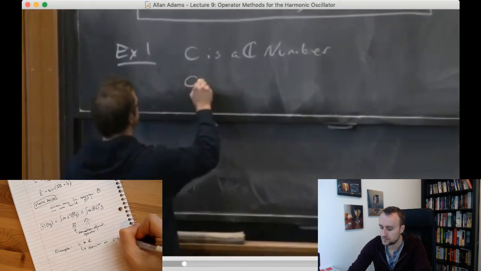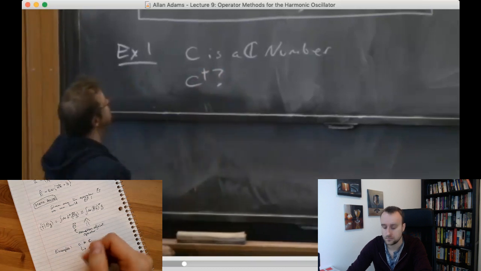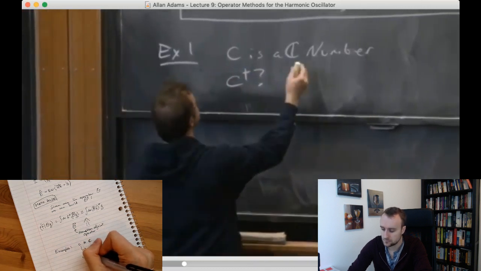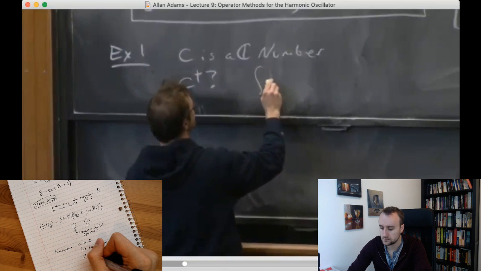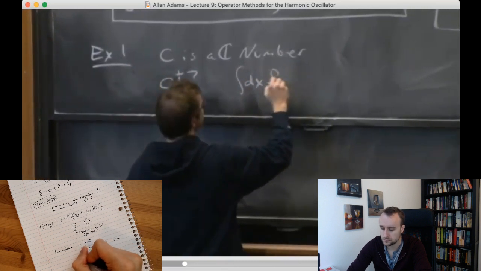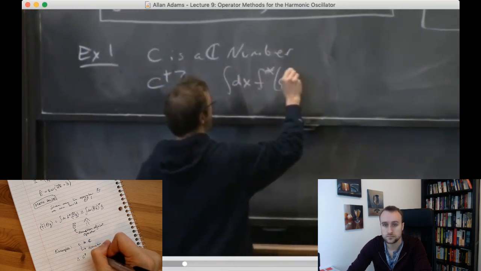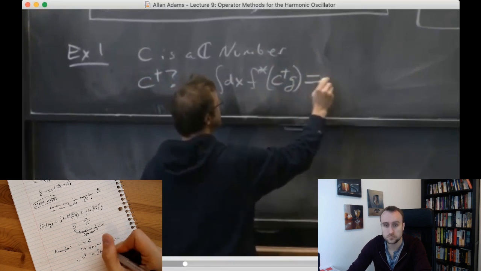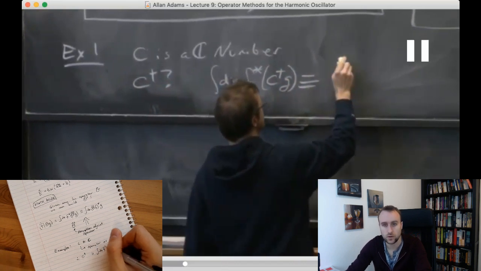And what's C adjoint? Okay, well, we can do that. That's easy. So C adjoint is going to be defined in the following way. It's integral dx f star of C adjoint g is equal to the... Hold on a sec.